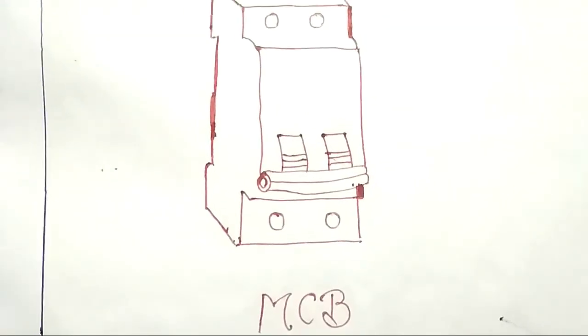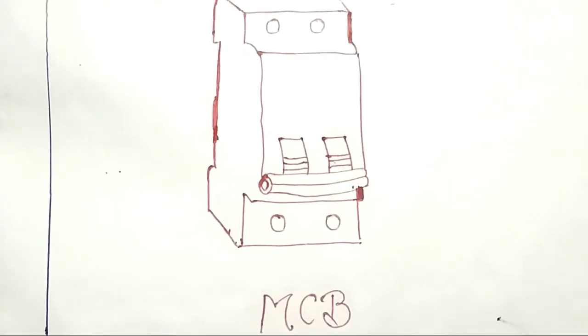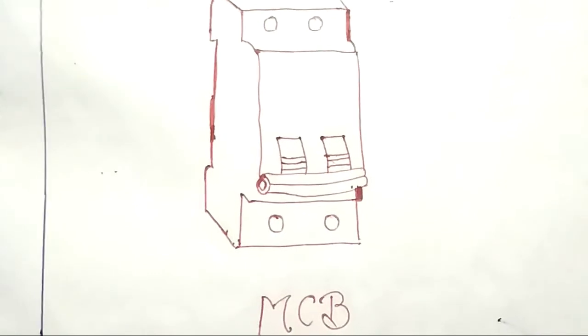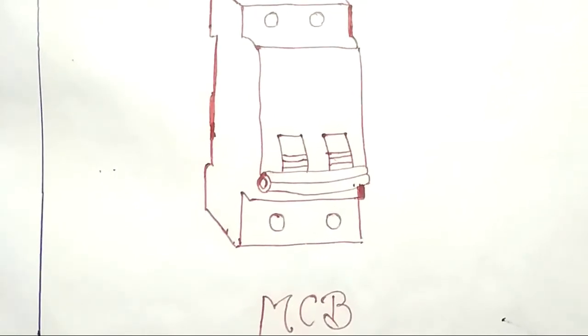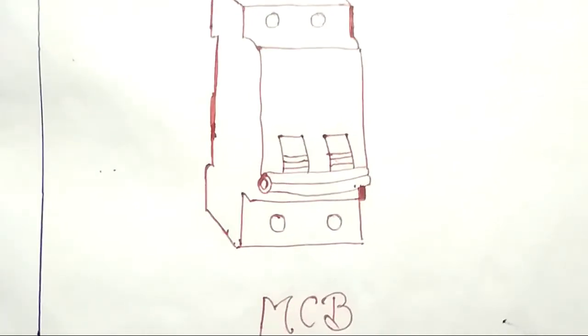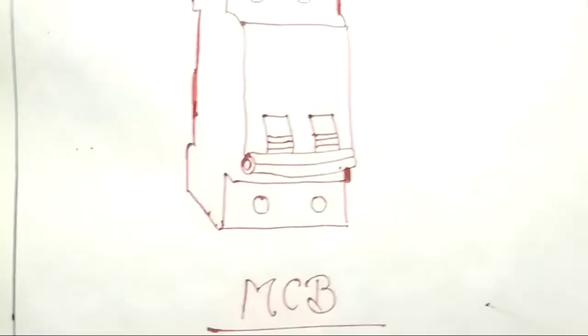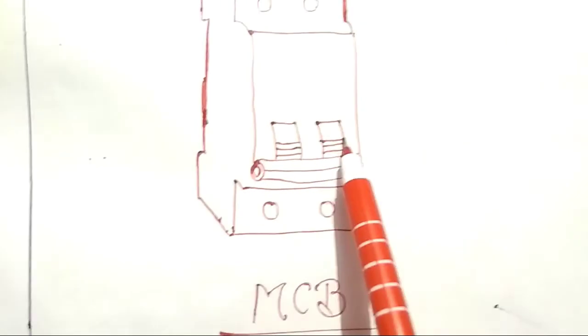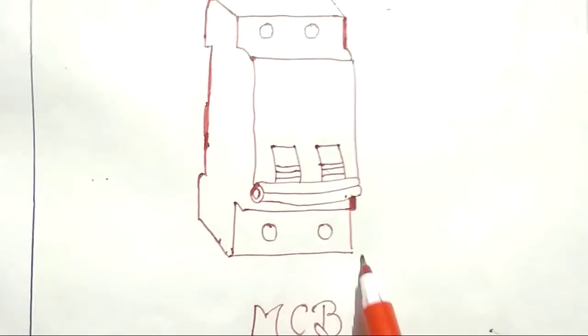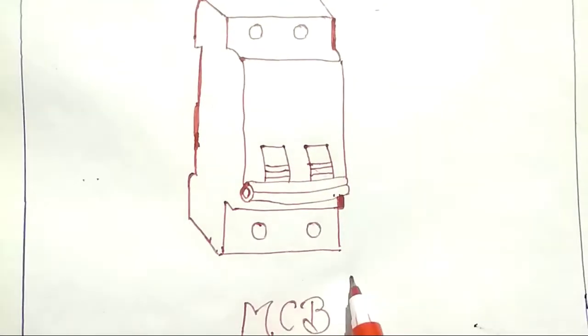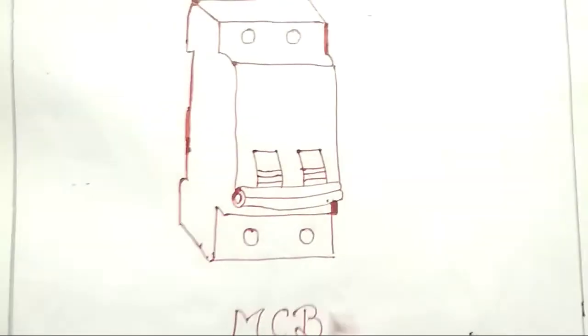Here you can see the diagram of an MCB. As I have told you, it works on the magnetic effect of electric current. Here you can see these are switches. These switches automatically turn off when the current in the circuit exceeds the safe limit.